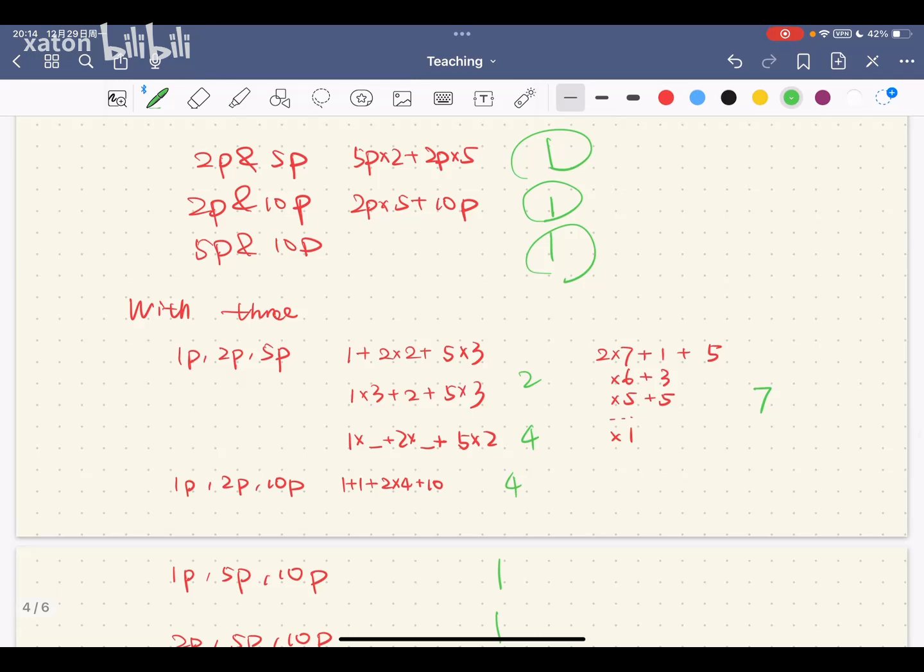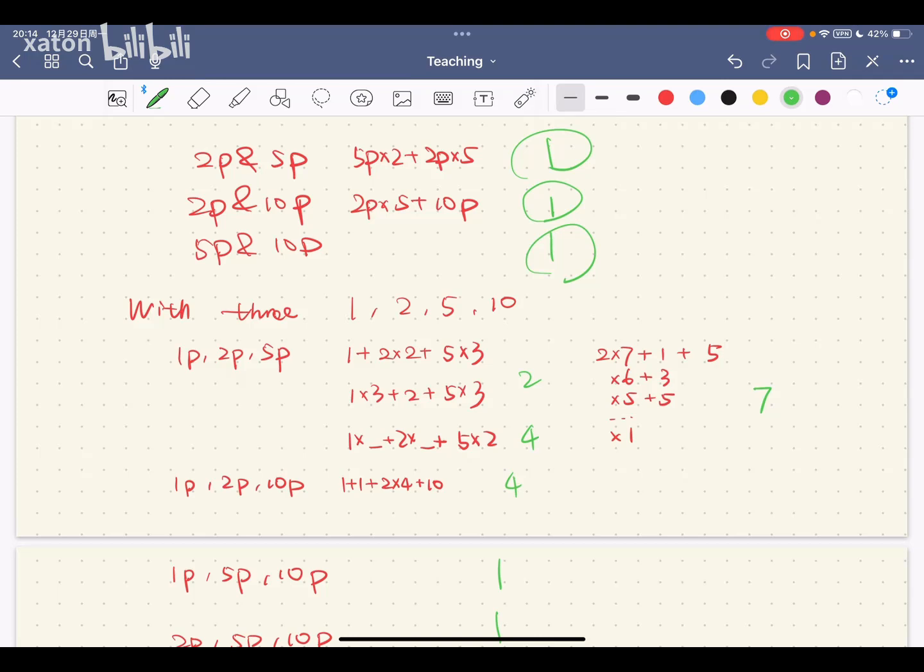What about 3 kinds of coins? Coins that can be considered can be only 1, 2, 5, and 10. We don't consider 20, of course. So if we consider 1 penny, 2 pence, 5 pence, we count down with the number of 5 pences.